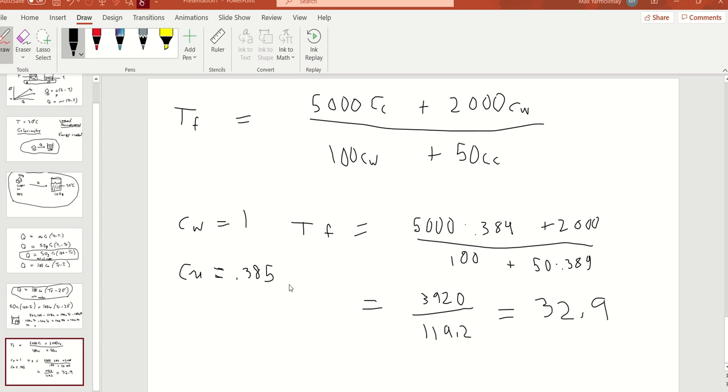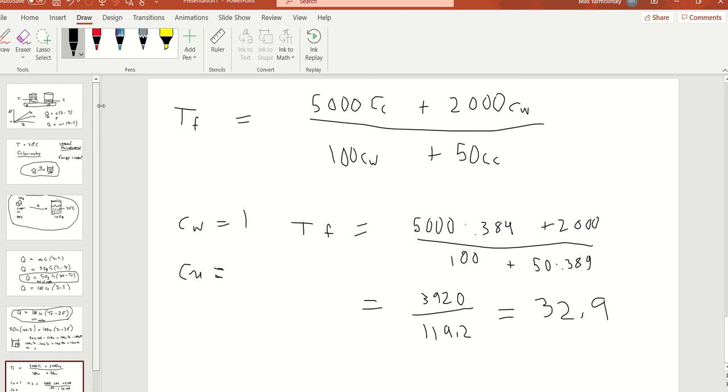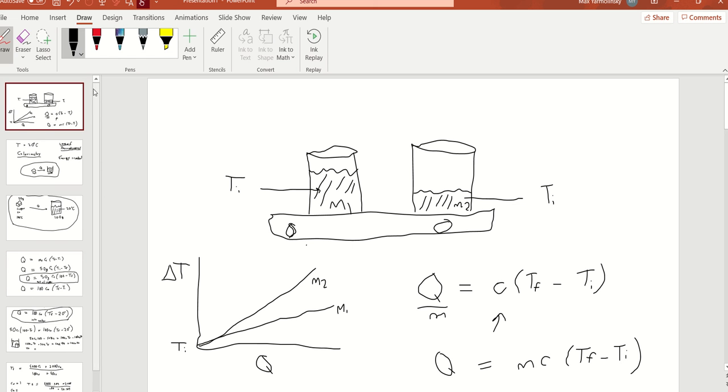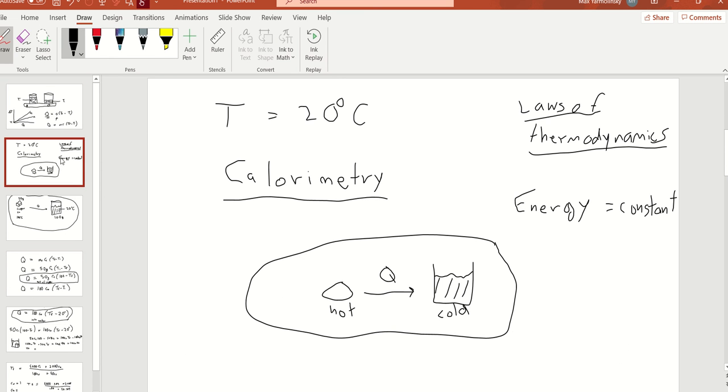Okay, sorry guys. The mistake I made was that the specific heat here is not for calories. So when you do specific heat, you have to have it either in calories or in joules. So going back to the start, I told you that there's these things called calories and joules.